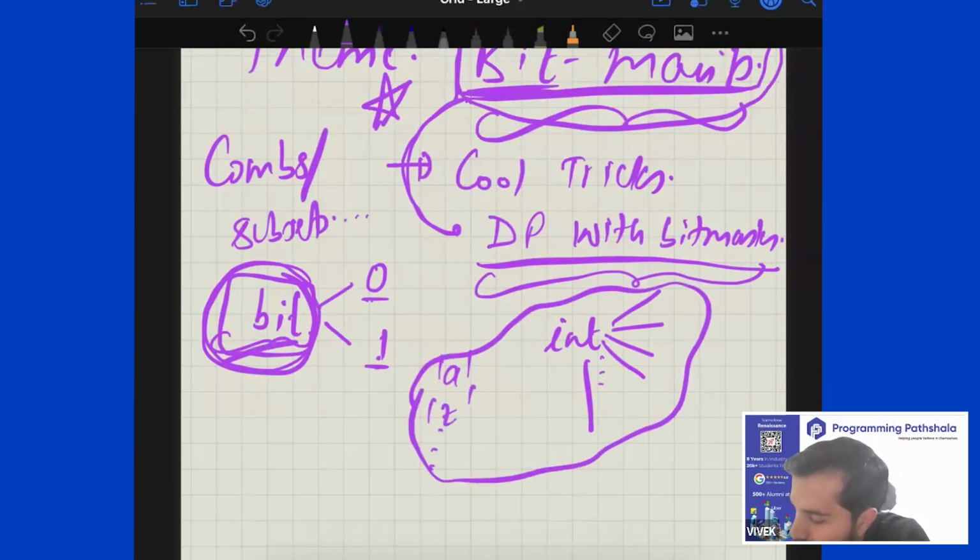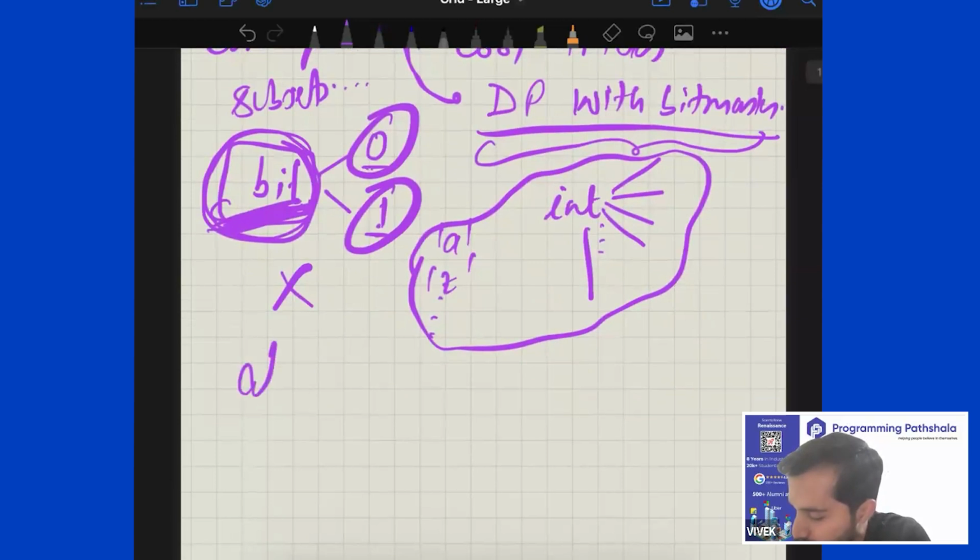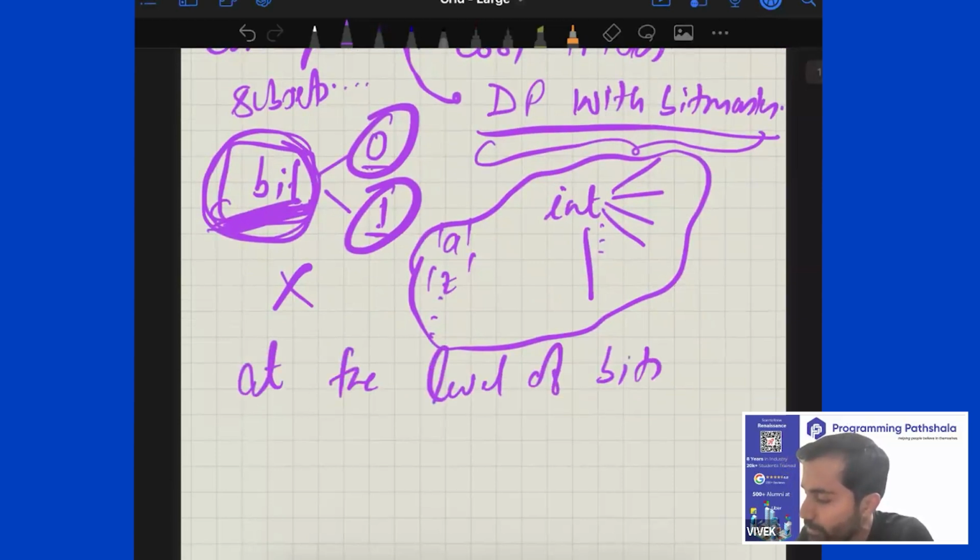But when you talk about a bit, it is so pure, so nascent. It can either be 0 or it can be 1, nothing else. No nonsense, right? So this is something which is great about it. And this makes a lot of problems very much solvable at the level of bits. And we are going to see that today.